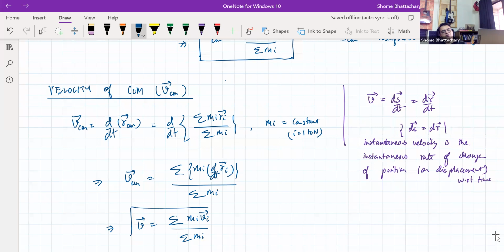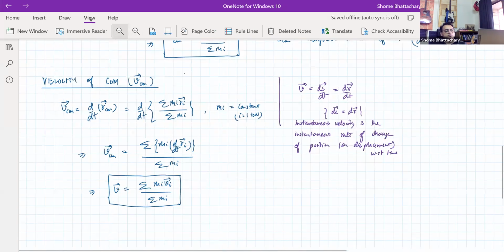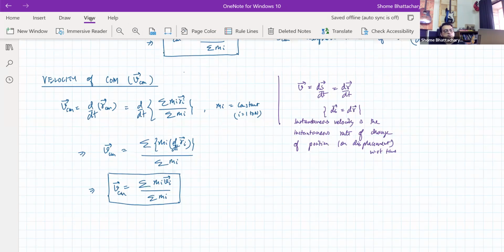So it's a symmetric kind of formula compared to the formula for position or displacement. It's a weighted mean expression, but this time it's weighted mean of velocity to calculate the velocity of the center of mass. So this is coming from this definition. So velocity of center of mass is also coming from a weighted mean kind of expression.